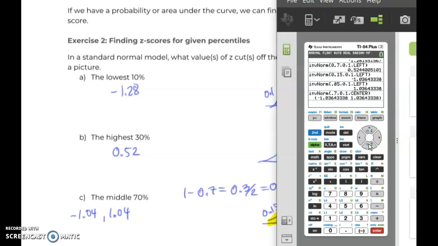You can see that it gives you a comma separated list, the negative 1.04 and then the positive 1.04. So it's super easy to use the TI-84 to answer questions like this.